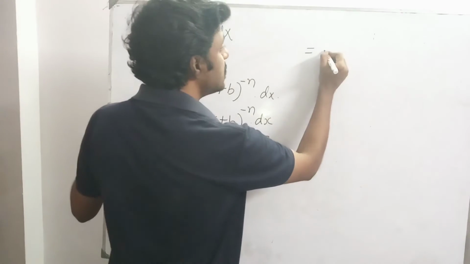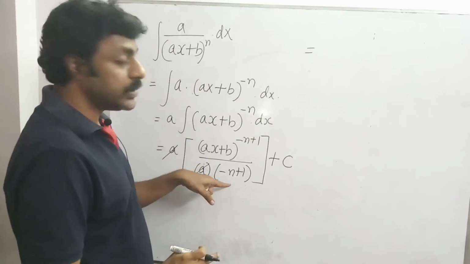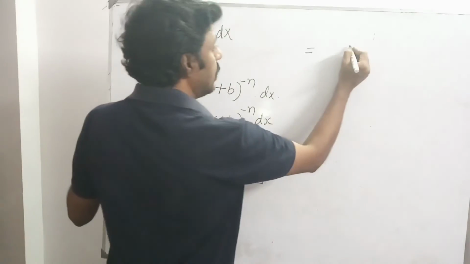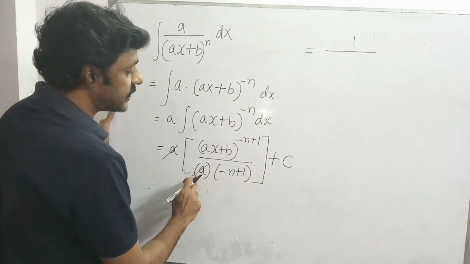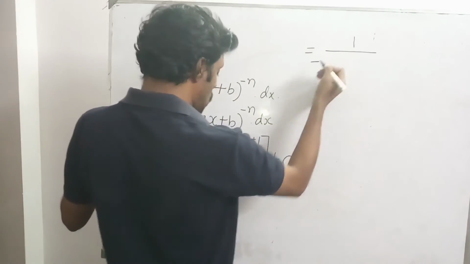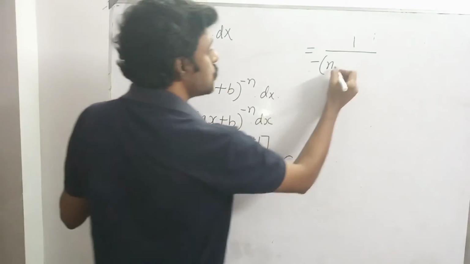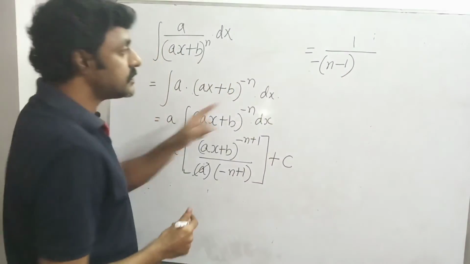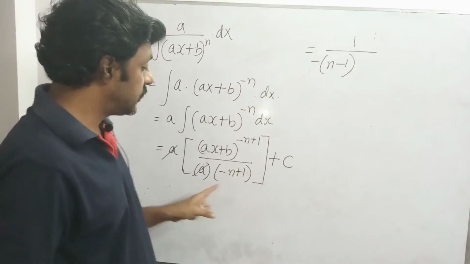So I am going to add a negative sign to the denominator. So it will be 1 divided by, if I add a negative sign, what will be there now? It will be minus of n minus 1, because minus n is minus n, minus into minus plus 1, so it will be plus 1.